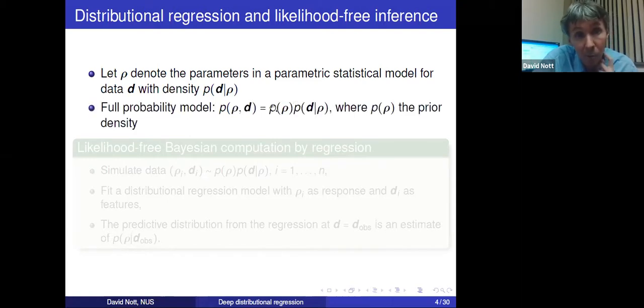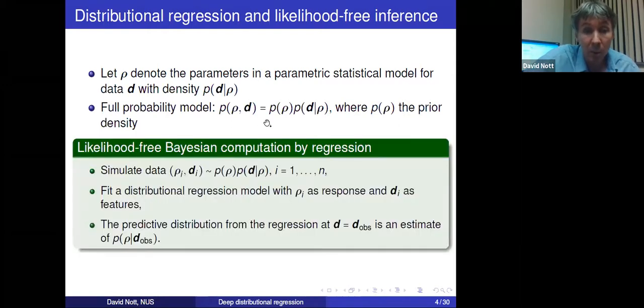I set up a full probability model through a prior density, say, on the parameter rho, and a sampling density for the data given rho. Then the posterior distribution is just the conditional distribution of the parameter given the observed data in this joint model. So regression is just conditional density estimation.